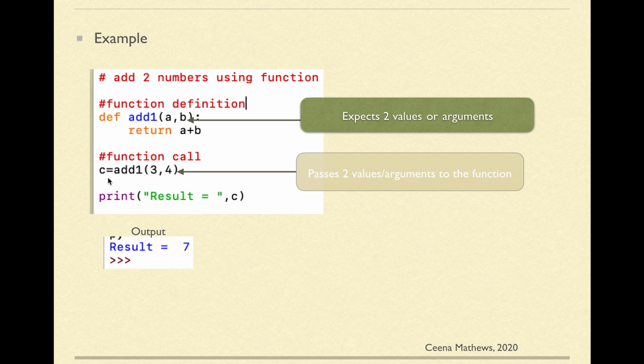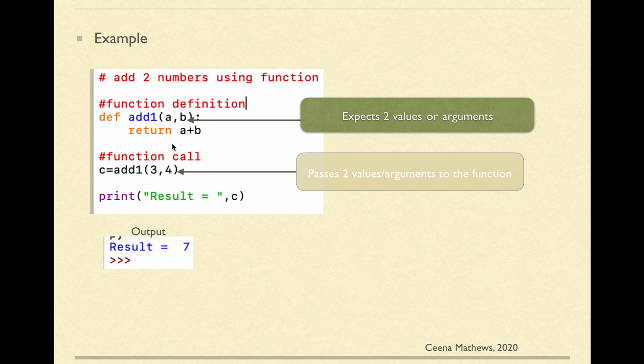Here a and b expect two values or arguments, and the function call also provides two values or arguments to the function. So that is required arguments or positional arguments.